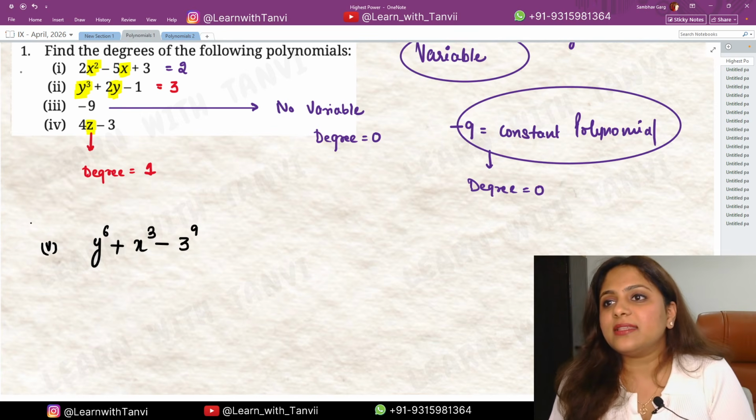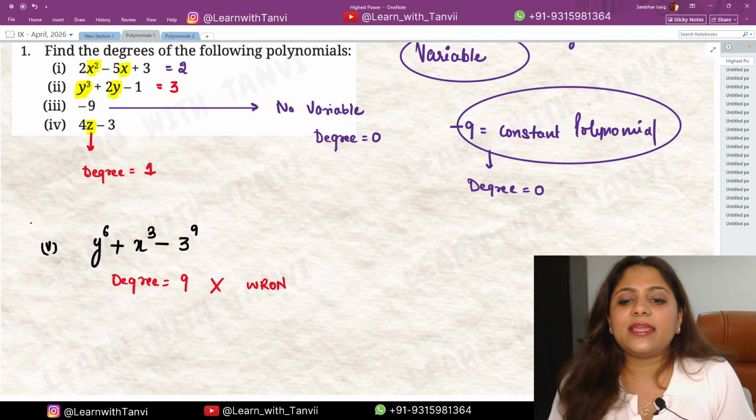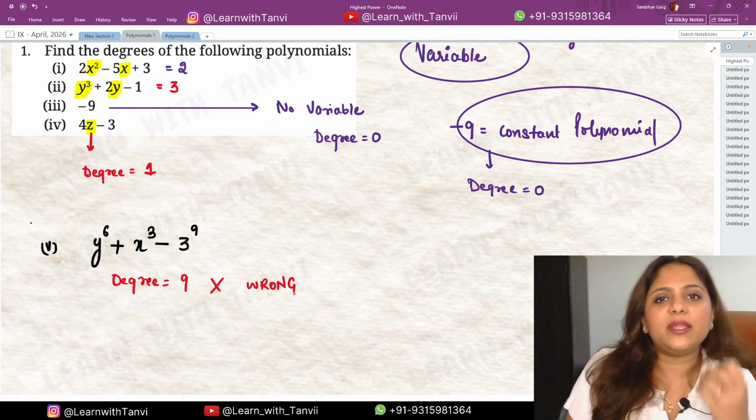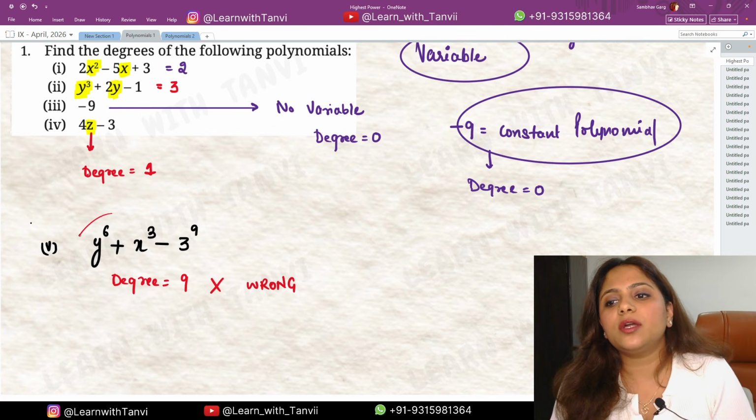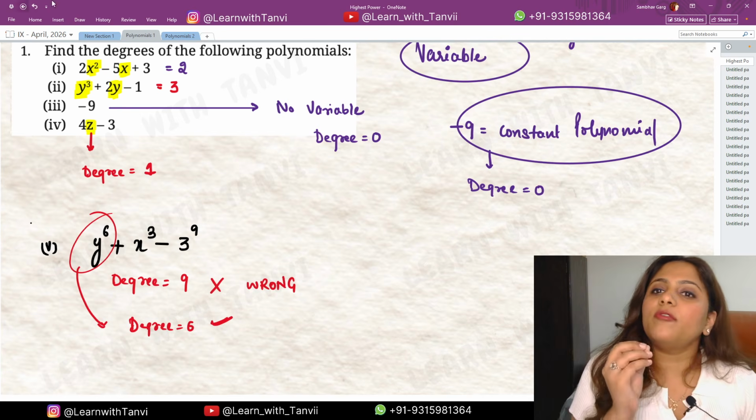So if I say this, don't tell me that the degree will be 9. No, this is wrong, because the degree is always of the variable. I'm repeating myself. So here the degree is going to be 6 instead. Understood? So that is the concept of degrees.